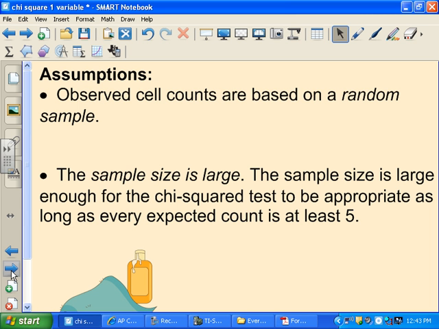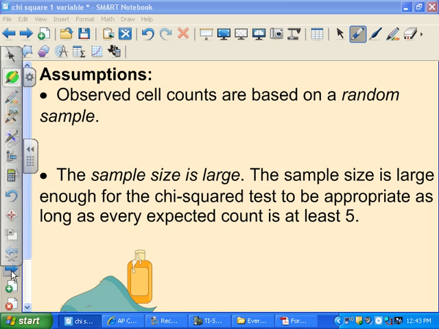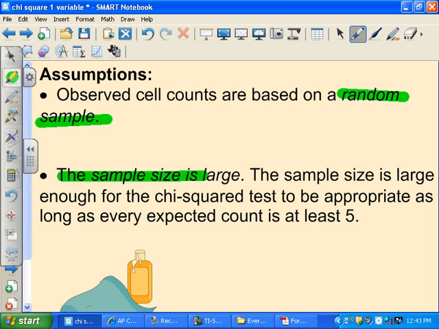Okay? Now, in this case, we still need random. We still need it to be sufficiently large.